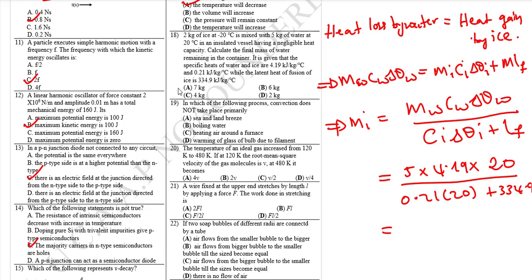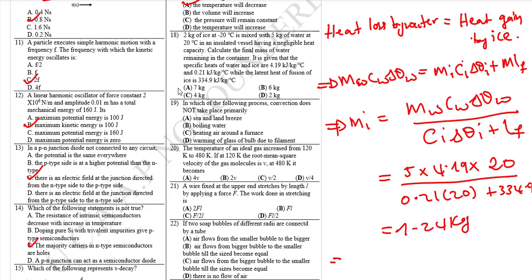5 times 4.19 times 20 will be divided by 4.2 plus 334.9. So it gives us about 1.24 kilogram. So this is about 1.24 kilogram.